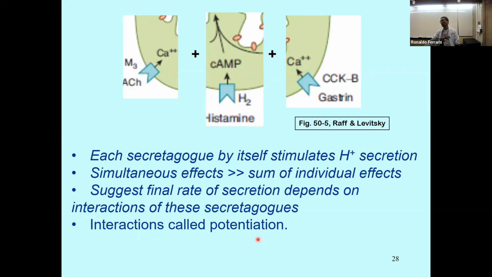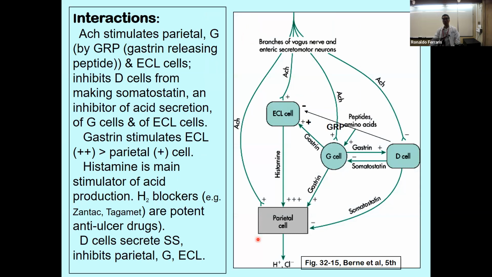In other words, the presence of one alone would be sufficient to stimulate proton production, but with the presence of three, there will be feedback mechanisms so that they're really able to ramp up proton secretion by a lot if all three are together. And how does that happen?